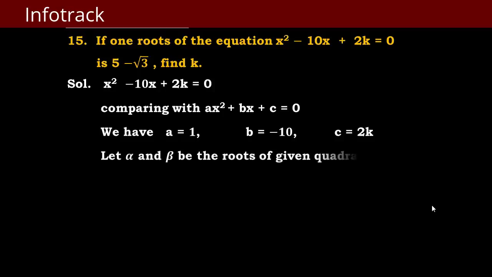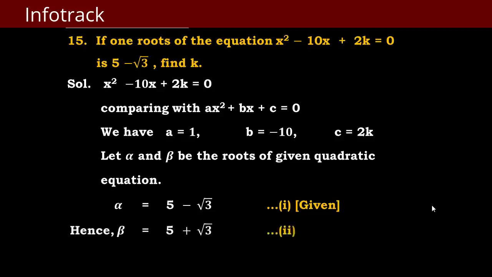Let alpha and beta be the roots of the given quadratic equation. Now one root is given, so let us consider alpha 5 minus root 3, equation number 1, and see the second root beta 5 plus root 3. Now see student, we have to calculate k. So we have to consider now alpha into beta.